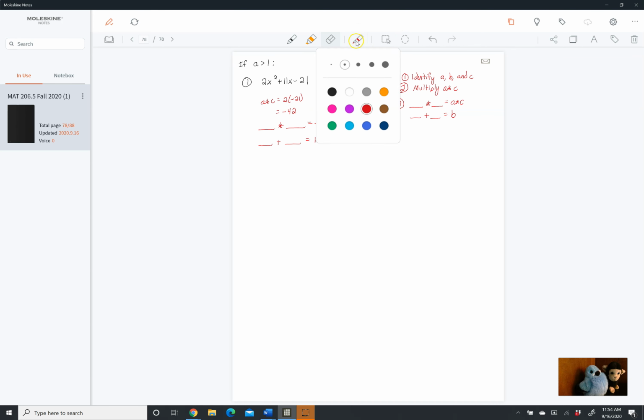So let's find those two numbers. We're going to look for the multiples of 42. So we have 1 and 42. We have 2 and 21, 3 and 14, and 6 and 7.